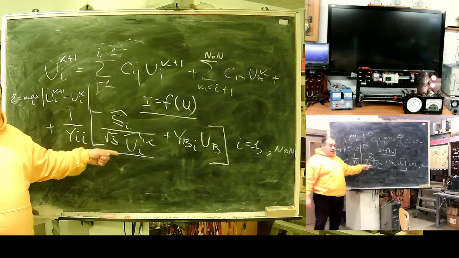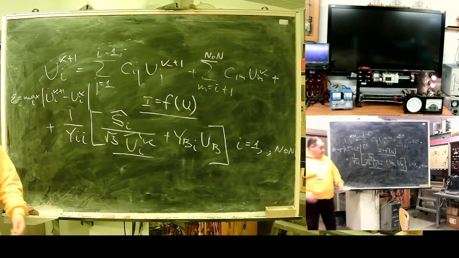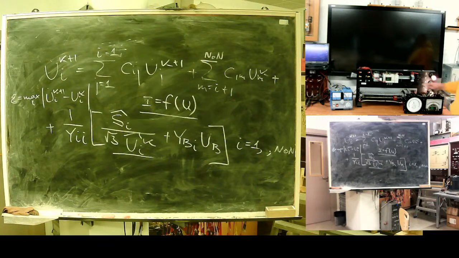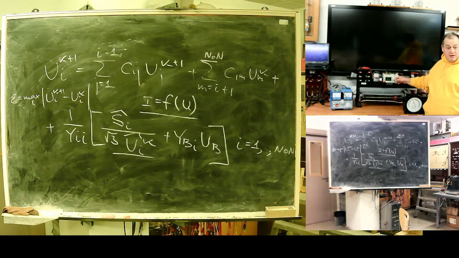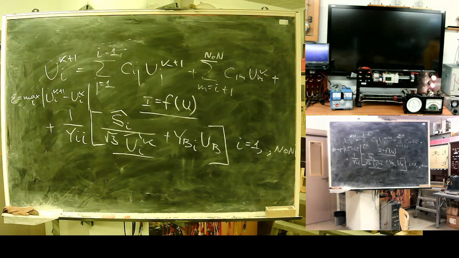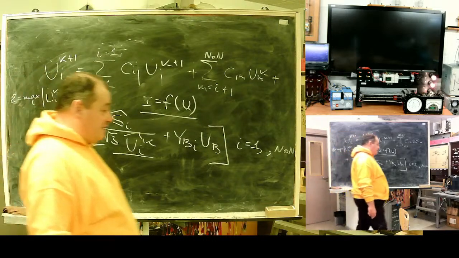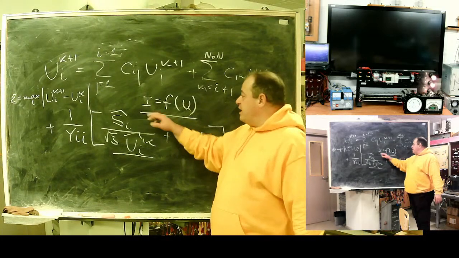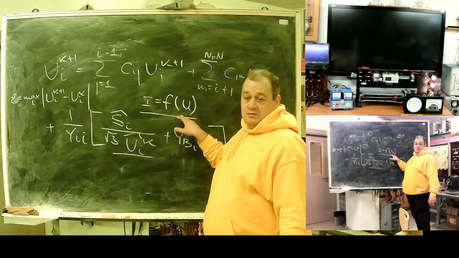Only I should be able to set this current. If my system has limitations, okay, they will be in an if inside. But in general I can show or introduce my control system in the form of current as a function of voltage.